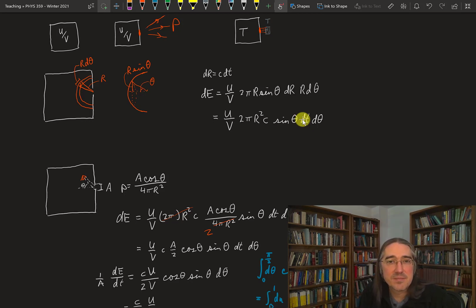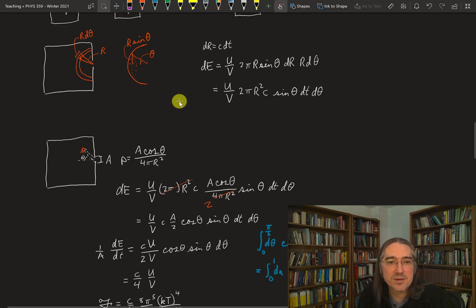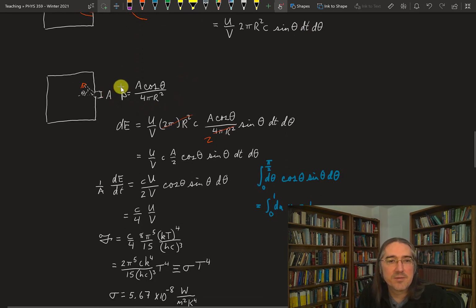Next question, how much of it gets out? Oh boy, I've got another P. This is now P for probability. If I just look at my little infinitesimal box here and ask, how many of these photons are going to go out? Well, the answer is essentially photons in this little box go in any direction with equal probability.